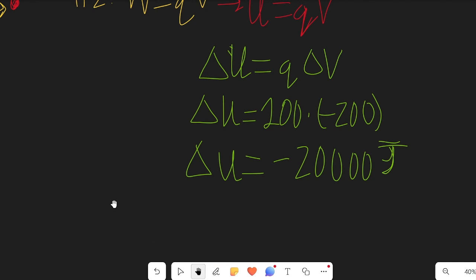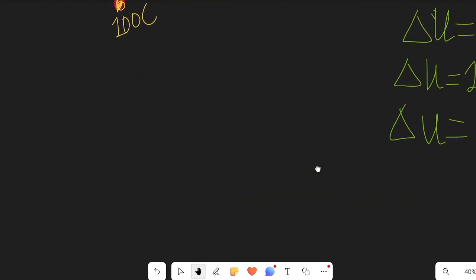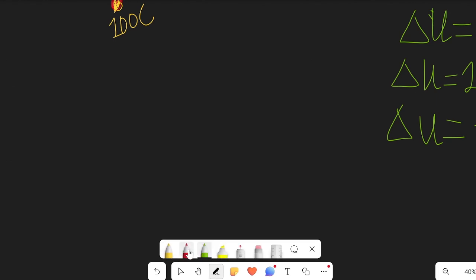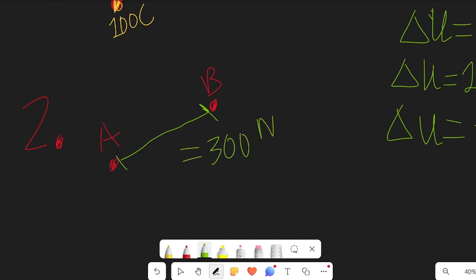Now let's go over another problem. For our second problem, we'll do a similar type problem. We'll have points again, point A and point B, and let's say that the electric field in this region is equal to 300 newtons per coulomb.